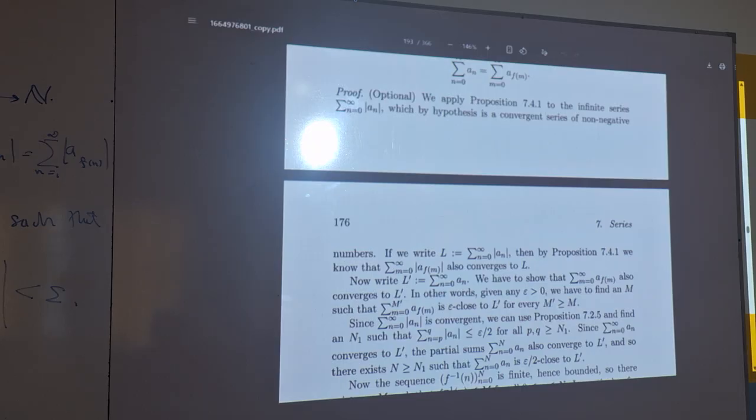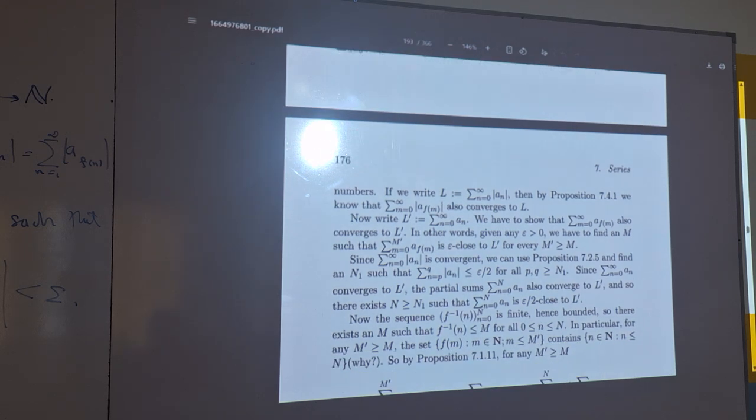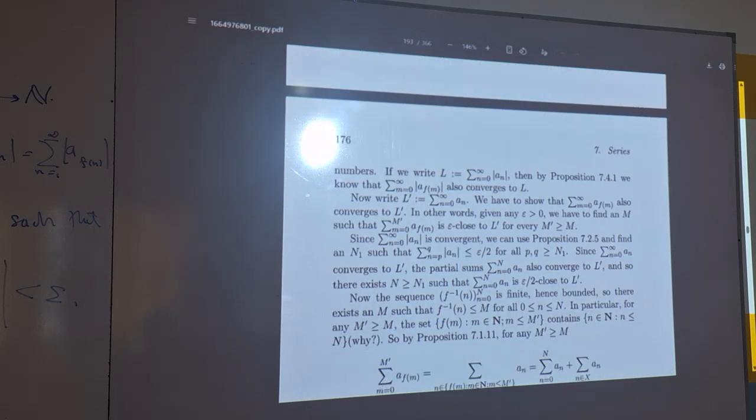And so there is capital N greater than or equal to n1 such that the sum of a n, n going 0 to capital N, is epsilon by 2 close to L dash. That's the definition. No? Now the sequence f inverse n, n going 0 to capital N, is finite, like in the previous one.